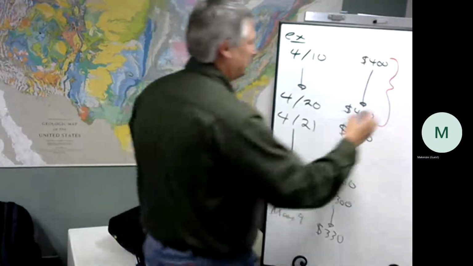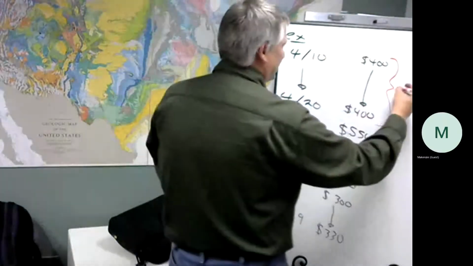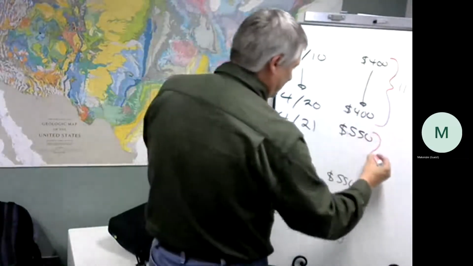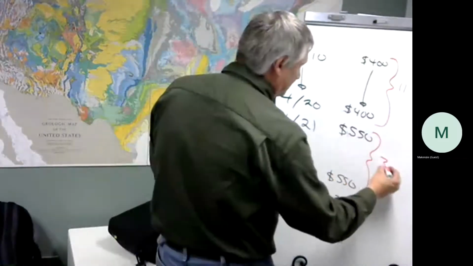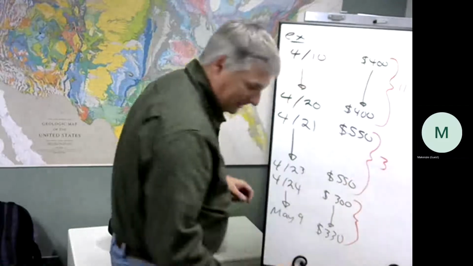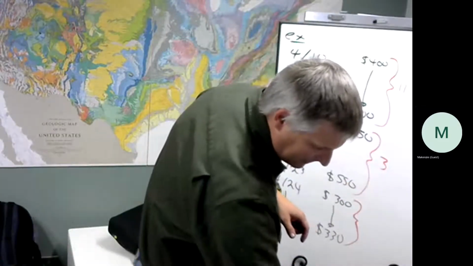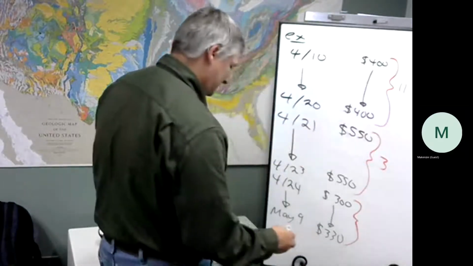Because this is inclusive, we include this day, so you'll get 11 days here. And then from here to here, you'll have 3 days. And then from here to here, we have 16 days.